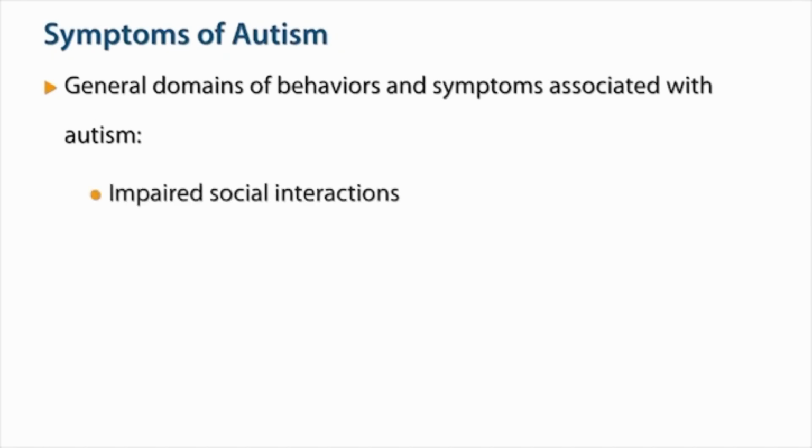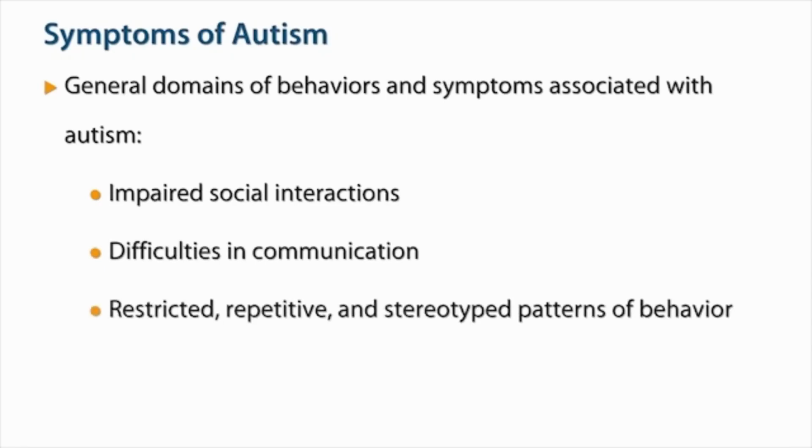First, impaired social interactions. Second, communication difficulties. And third, restricted, repetitive, and stereotype patterns of behavior, interests, and activities. Each of these 3 domains will appear in the learning objects. All you need to do is click on each of them to learn more about that particular domain.